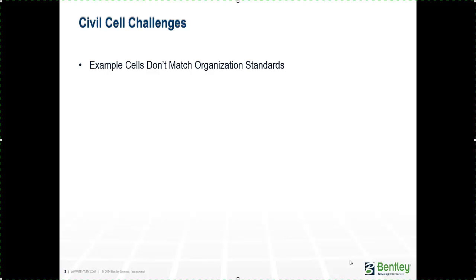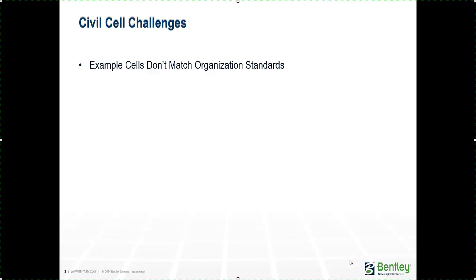The example cells that we've given in the workspace were meant just for that. They were examples. They don't match the organization standards. So unless you have adopted the example workspace as your organization standard, you're going to find the features and templates and components and level structure and so forth just simply don't match what you're working with today.